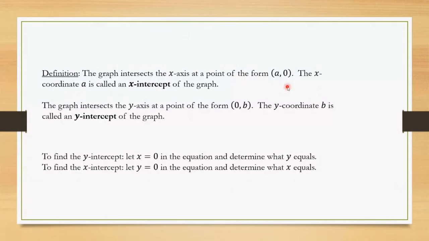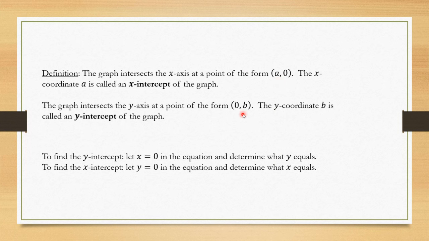It's also telling us that here, a is called the x-intercept. So when it crosses the x-axis, it's going to cross at a point of this form. This a here is what we call the x-intercept of the graph.